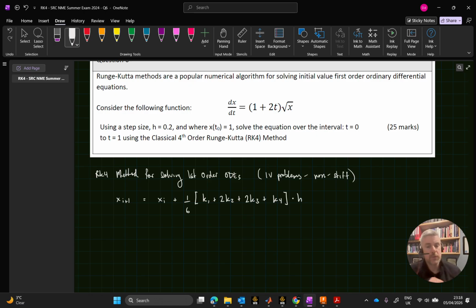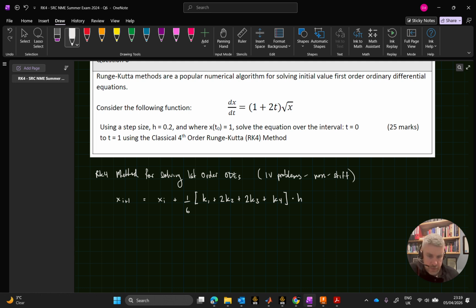So the step size must be small. Even in this case here, we're only going from 0 to 0.1. A step size of 0.2 is still pretty big. But again, I'm assuming it's big because of the time constraint in this exam for calculating all these. So I have x of i plus 1 is equal to that.